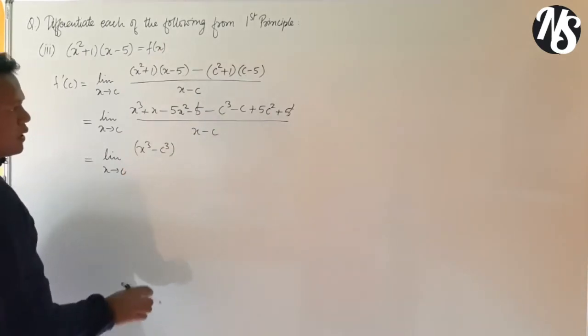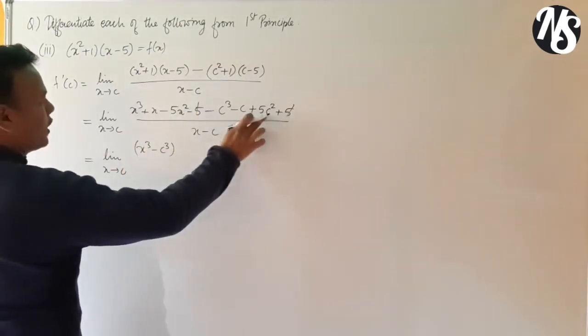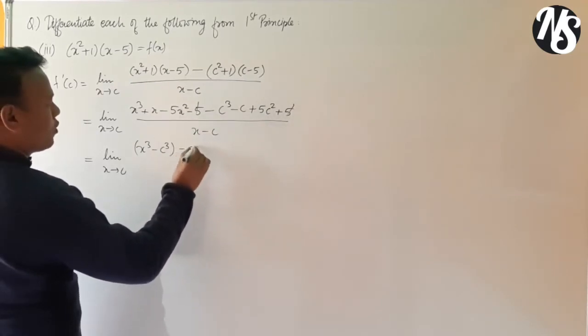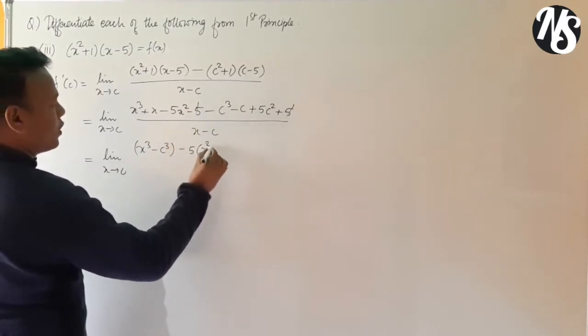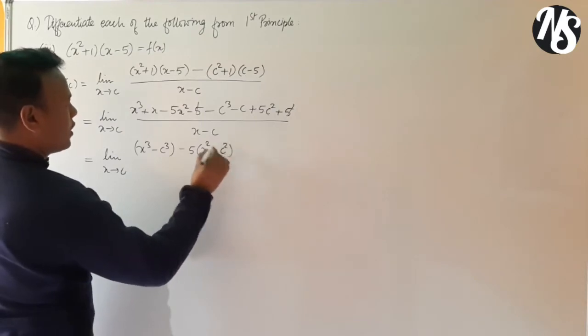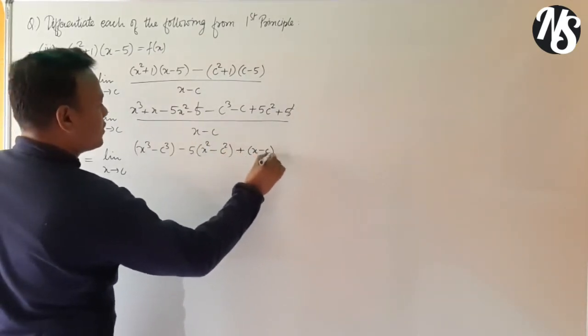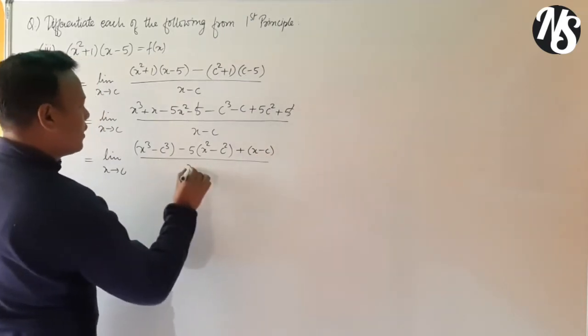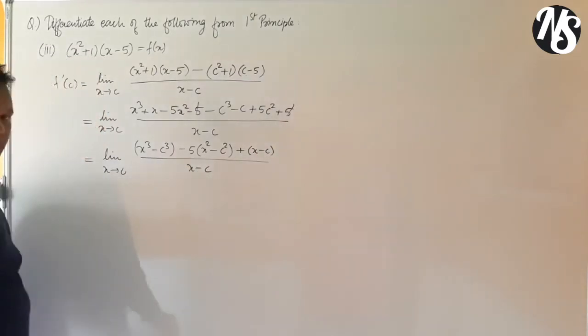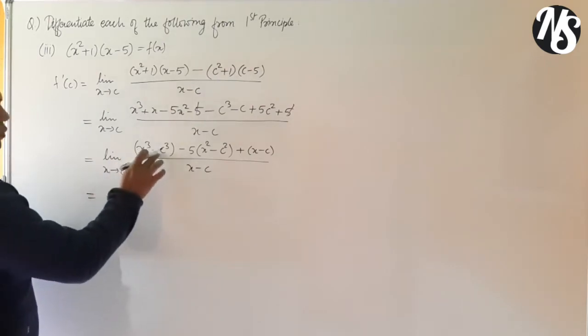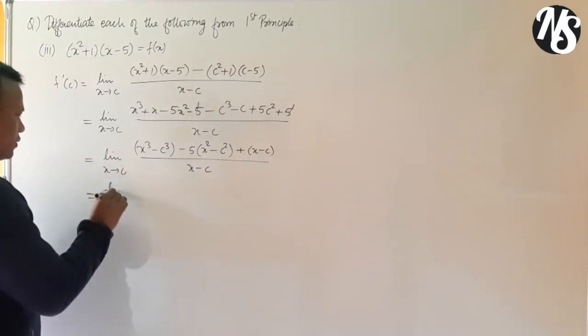Now let's group together the similar quantities, that is x cube minus c cube. So this is one group. Another group is this one. Let me write minus 5 common. So if I do that, it becomes x square minus c square, and we have x minus c divided by x minus c. Now a cube minus b cube, what is the formula of that?